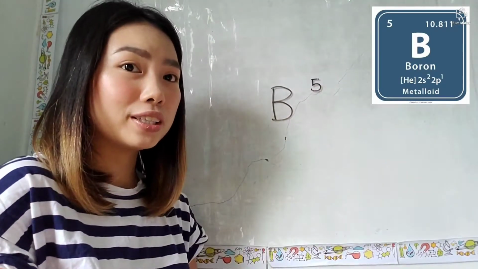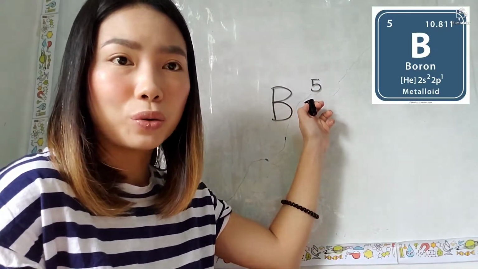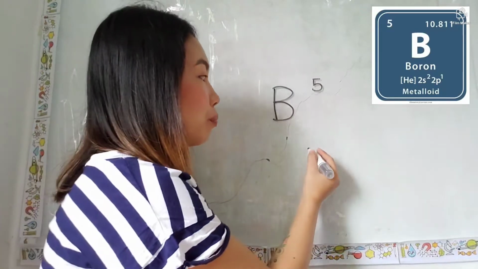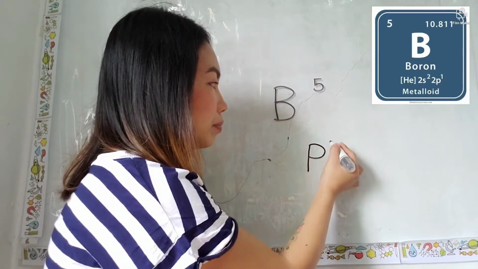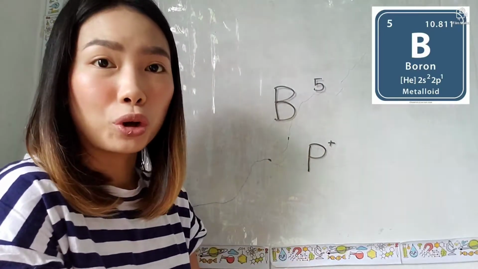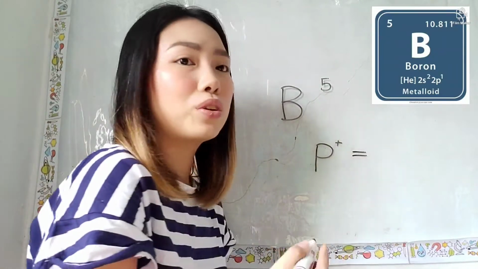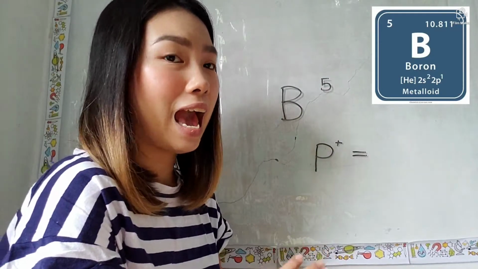So boron has atomic number 5. So you always take note, to find the value of proton, with the positive charge, the number of protons is equivalent to the atomic number.